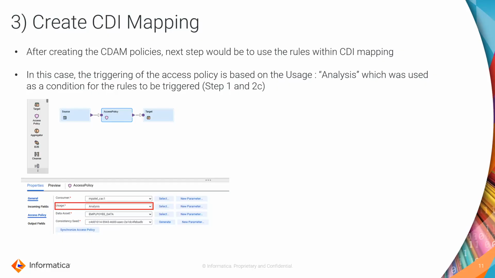In today's example, I have created a simple mapping where I'm taking the data from a Snowflake source and writing it to a flat CSV file. I'm introducing a data access policy transformation with the usage context of analysis, which we used while creating the policies, so that's when the policies will be triggered. When I run this, it will write the data to a flat CSV file.